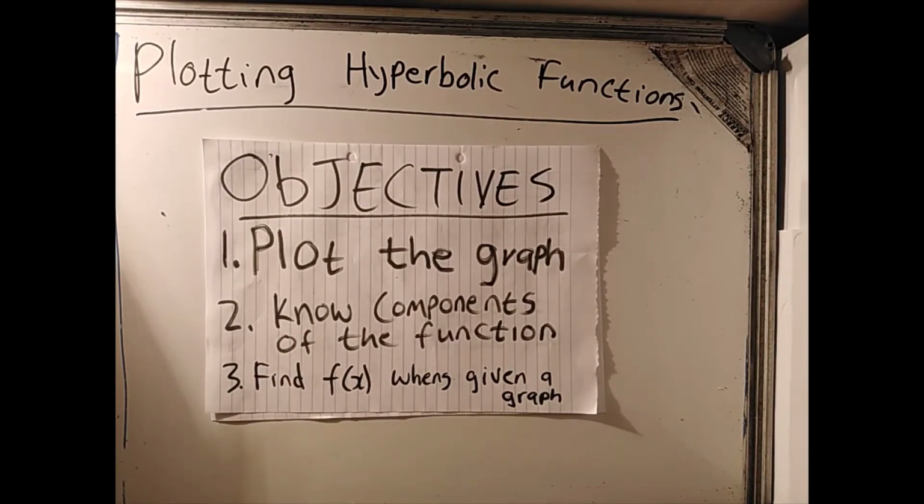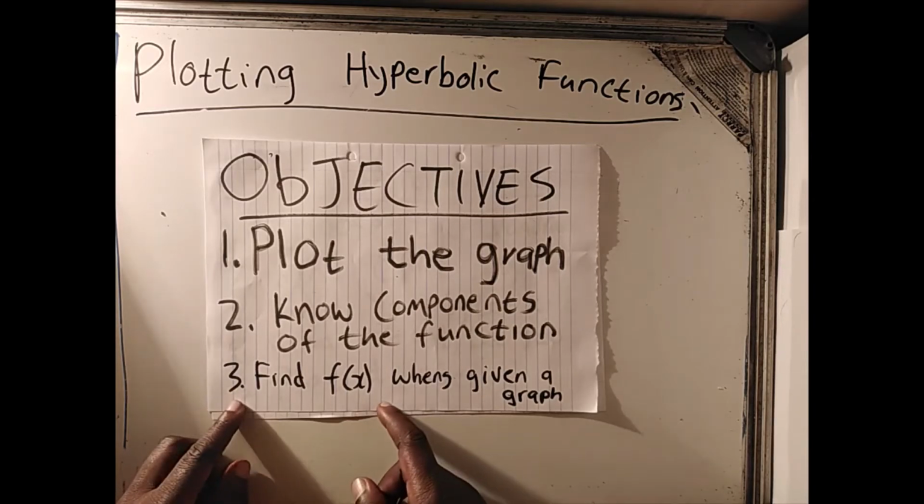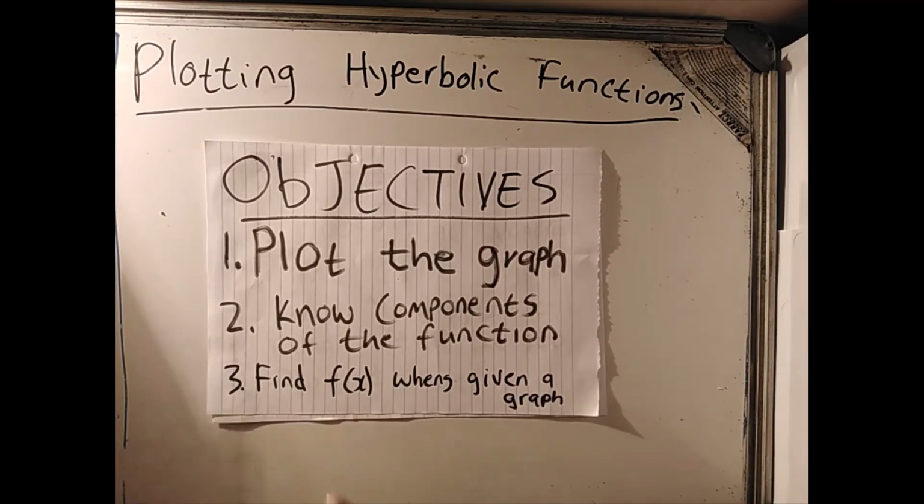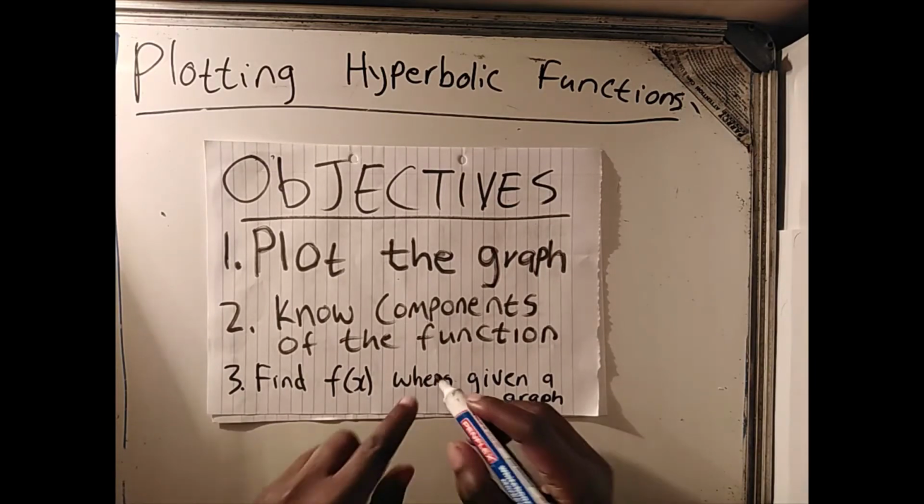Each and every function has its own components, and they have their names. So you should know what those names are so that you can work with them. The third objective will be to find f(x) when given a graph.